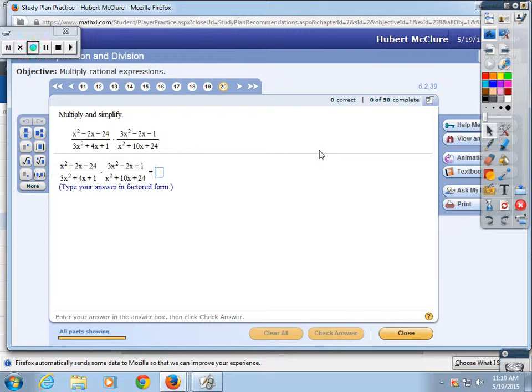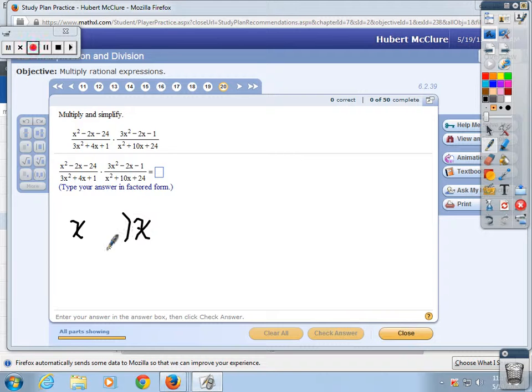All right, y'all got it? So, reverse FOIL, X, X. Looks like a 6 and a 4, and we need a minus 6 and a unlike sign there.